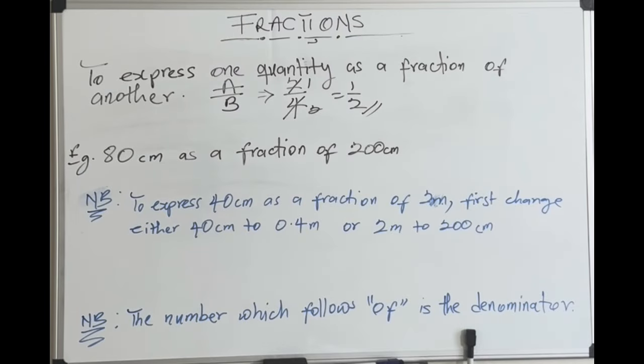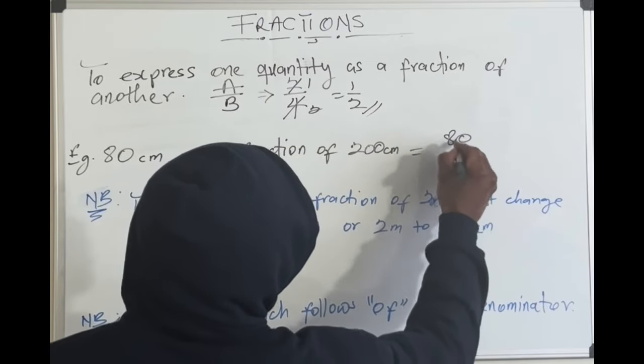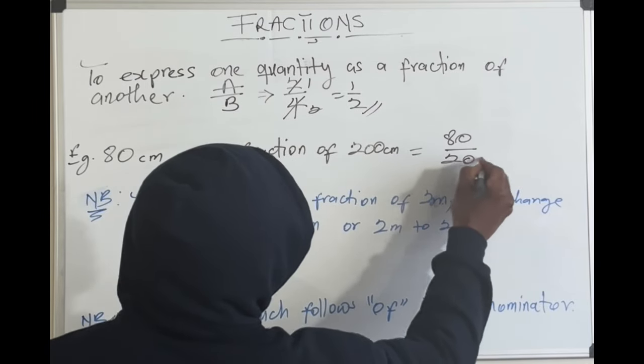And we should know that the quantities must have the same units of measure before we proceed working them out. So it's best for you to choose the units that you find very easy for yourself. For example, 8 centimeters as a fraction of 200 centimeters will be written as 80 over 200.